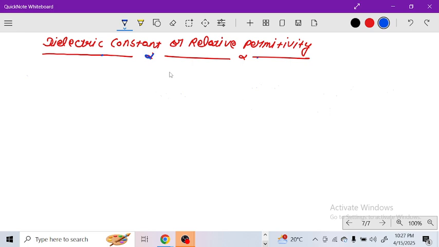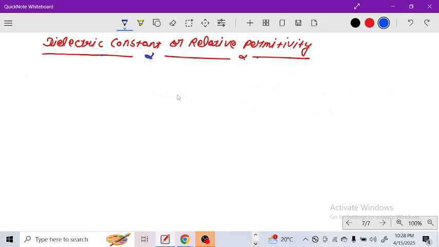It is the ratio of absolute permittivity of free space to the absolute permittivity of medium.